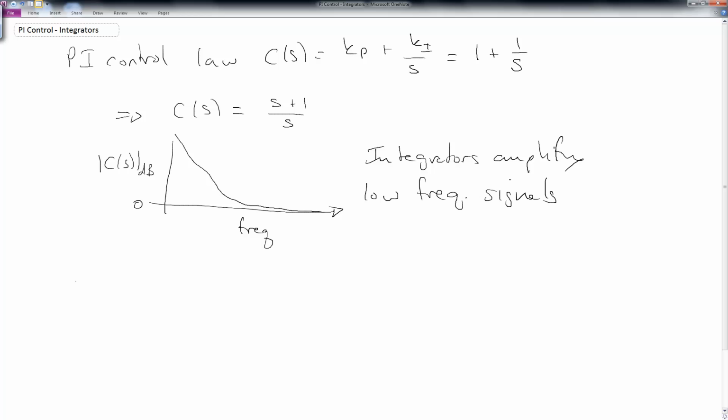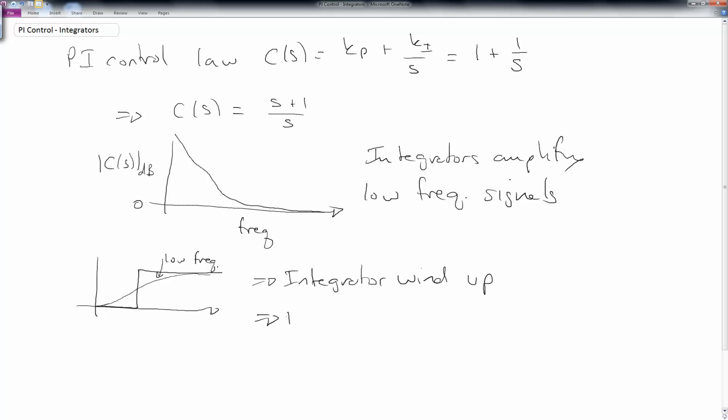What this means is, if I have a step input to a system, then the first frequency I could use to model that step would be a very low frequency signal, like a fairly low frequency sine wave. This is known as integrator windup. What it really says is that the integrator collects information from the past as it aggregates, and it has some memory, so it can't forget that.